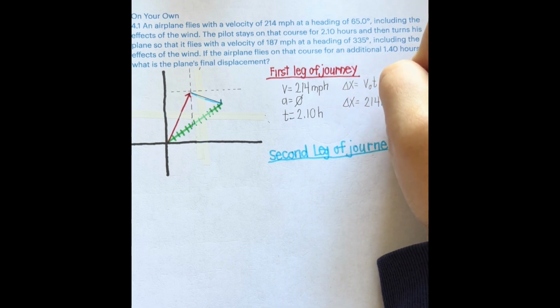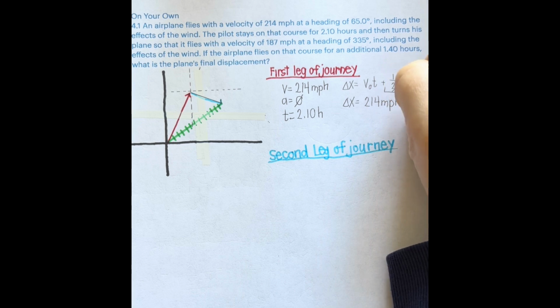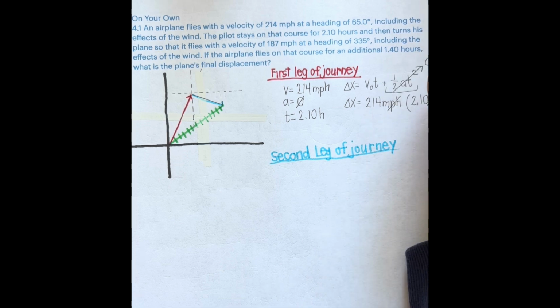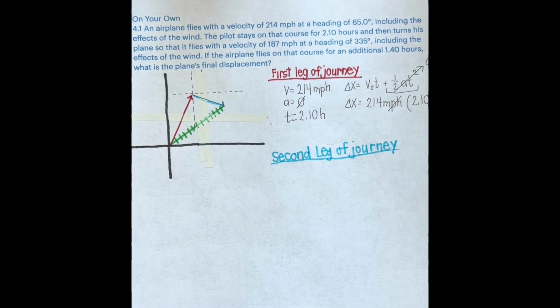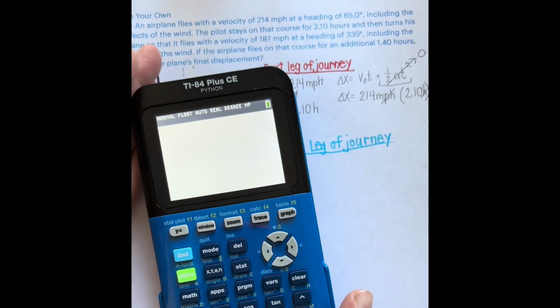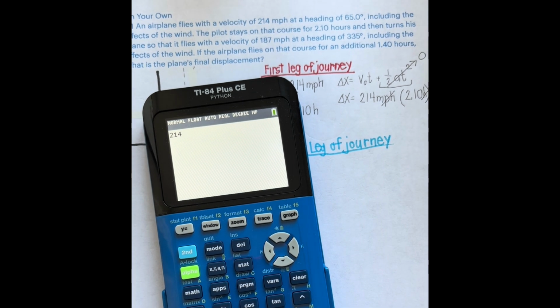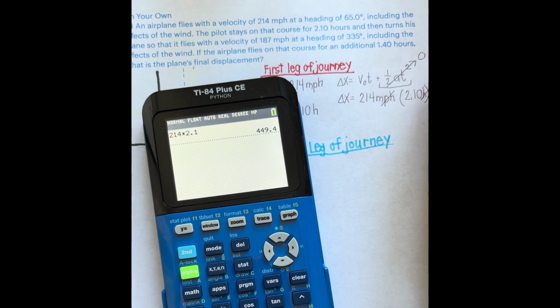214 miles per hour times 2.10 hours. The hours cancel out and we're left with, let's grab our calculator and say 214 times 2.1 equals 449.4 miles.